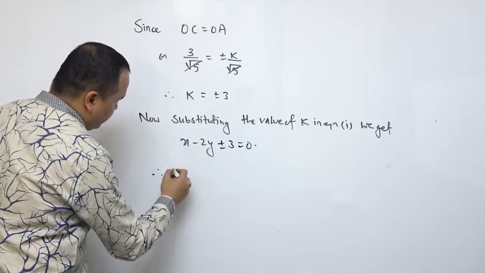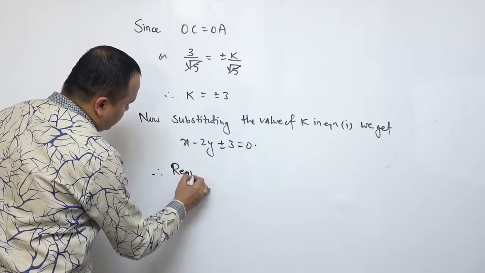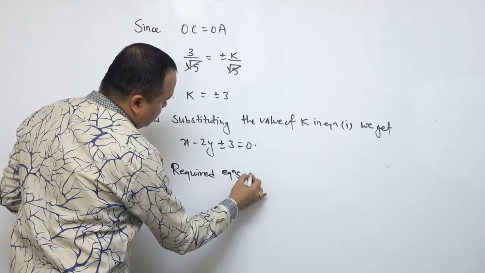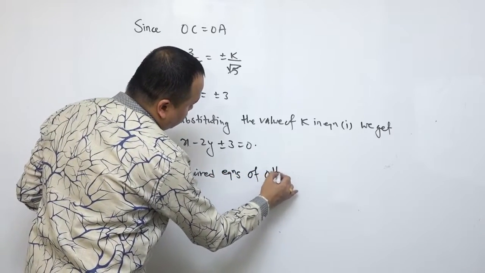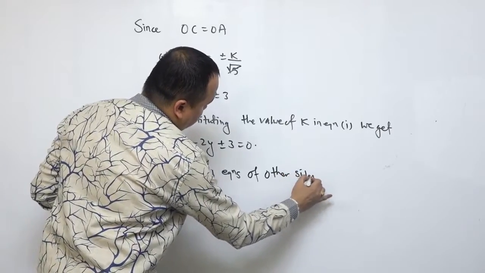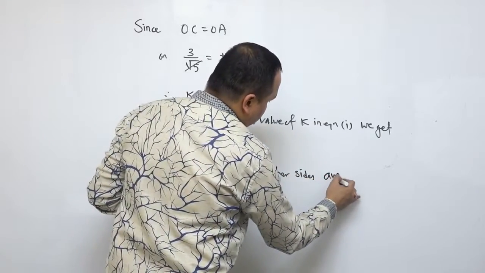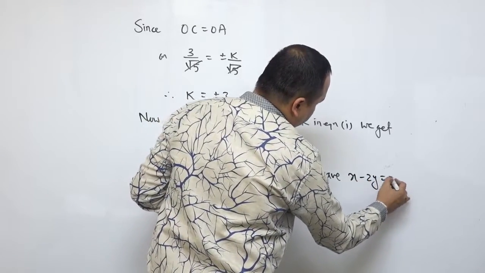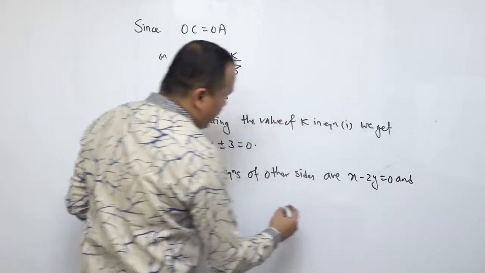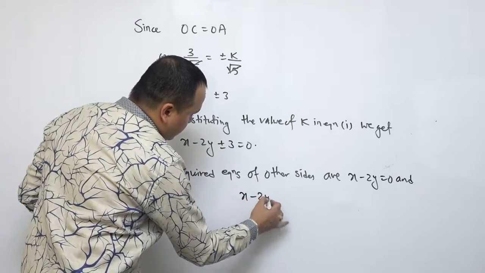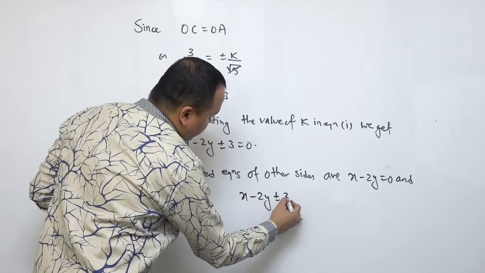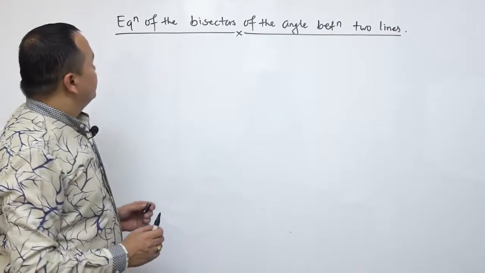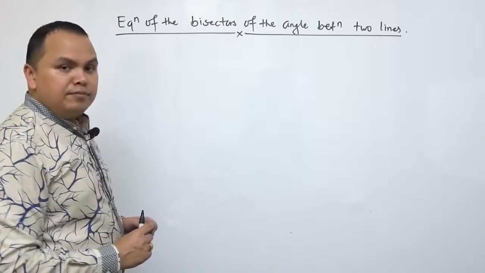Therefore, required equations of other sides are x minus 2y is equal to 0 and x minus 2y plus minus 3 is equal to 0.